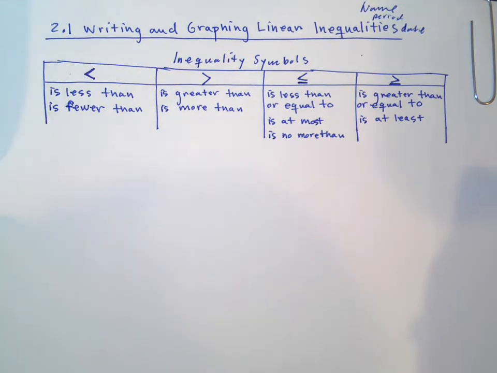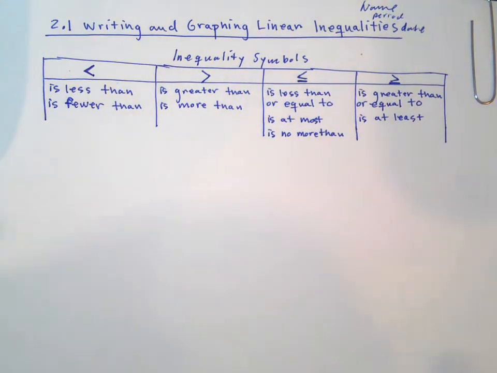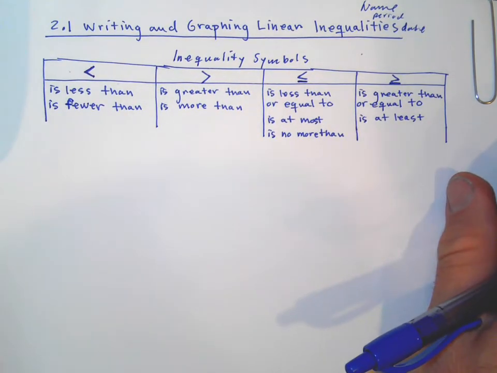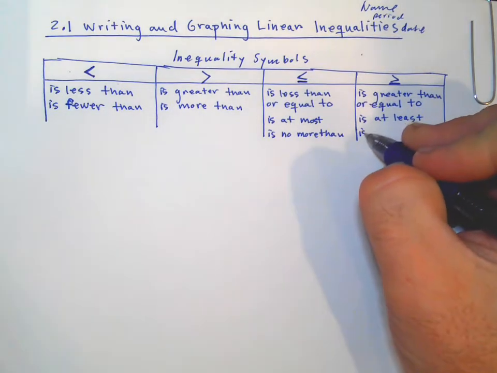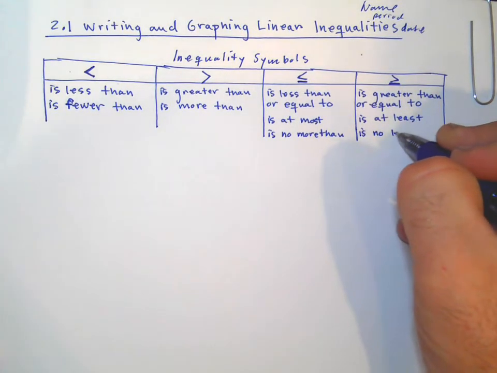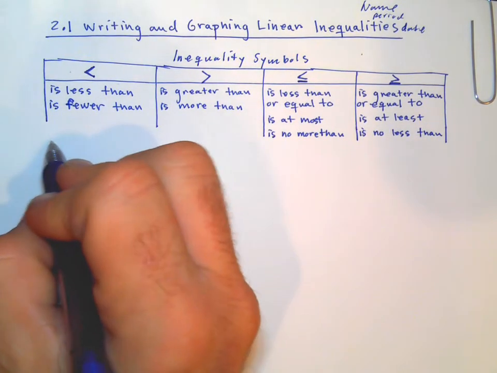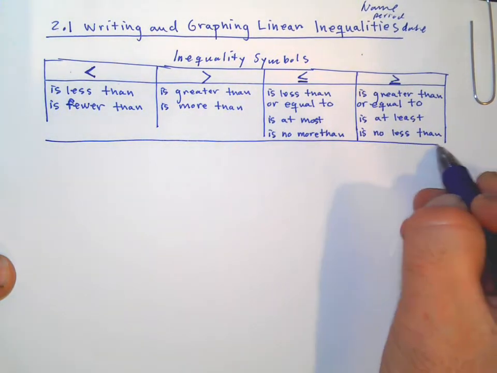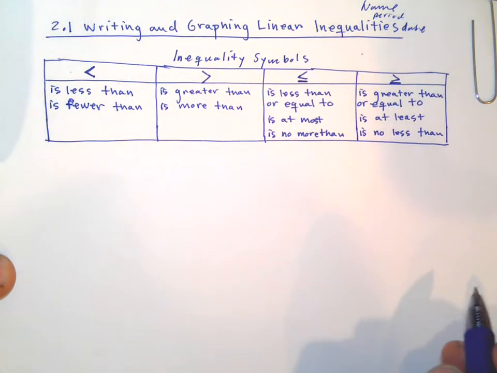Well, is that less or more than 20? At least 20 means the youngest, the smallest number I could be. But I could be that. Is no less than. So there's a bunch of different ways we could write this, but we'll use this as a little reference. This could help you on your homework.